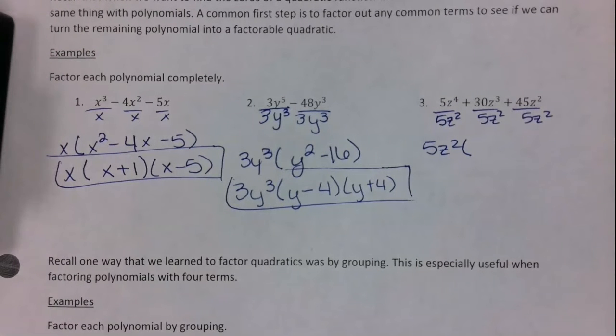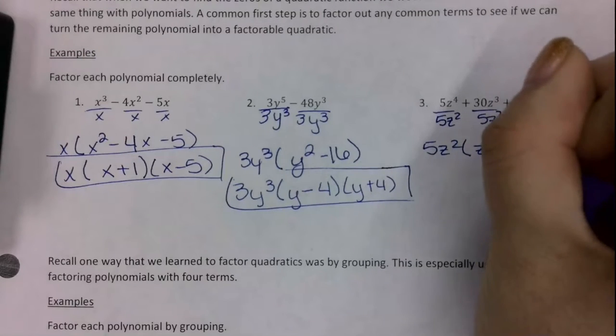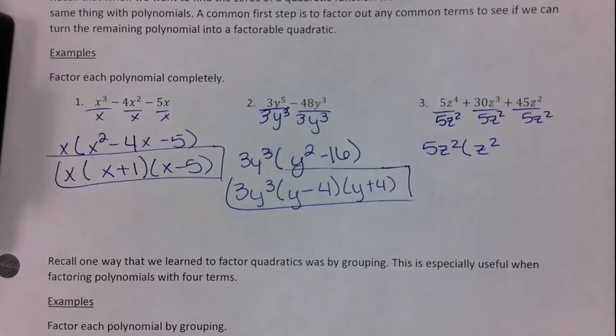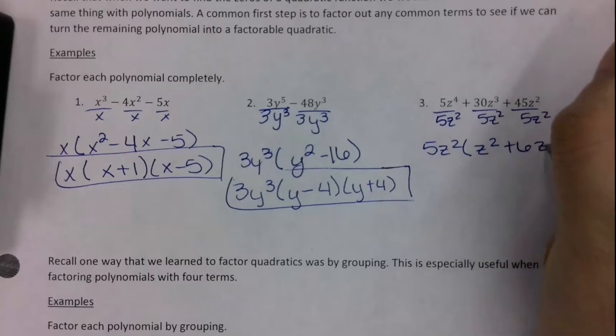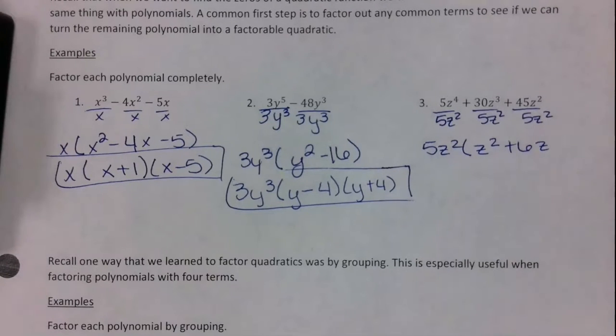What is 5z to the 4th divided by 5z squared? Just z squared. 30z cubed divided by 5z squared. And 45z squared divided by 5z squared. 9.